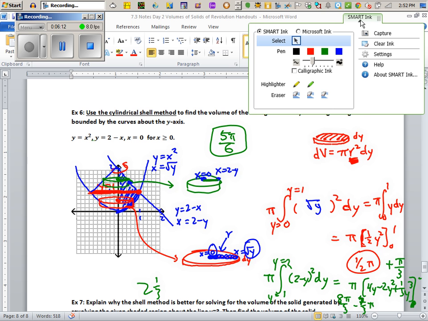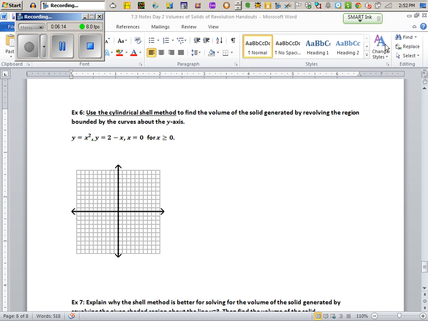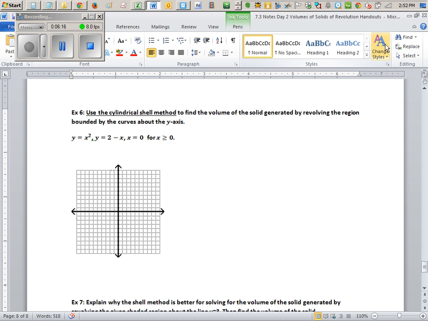Okay, now we're going to try it with the shells method, which is a completely different approach, but you'll find it's actually more convenient. Okay, so starting over, this is our graph, y equals x squared. So put our point right here. 2 minus x is this line here. Same closed region.